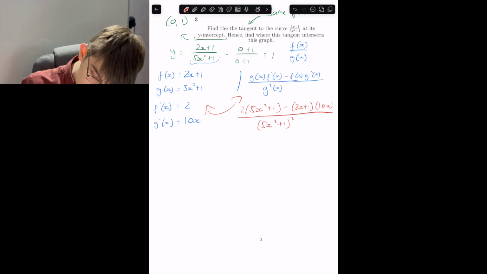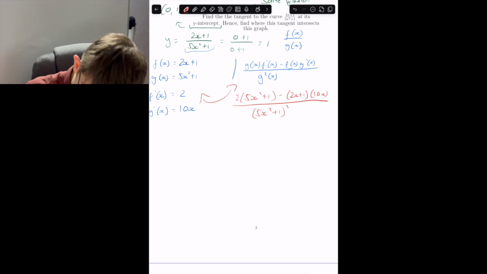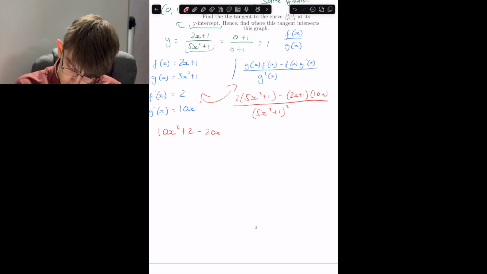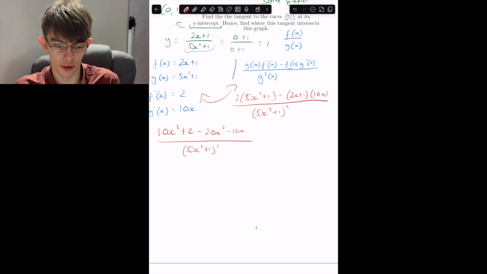Okay, I'll keep the question up at the top. Let's just do some simplification here. So I'll expand that into 10x² + 2, and I'll expand this out into minus 2x times 10x is 20x², 1 times 10x is 10x, so minus 10x over, and I think I'm probably safe to assume I don't need to expand out the bottom.